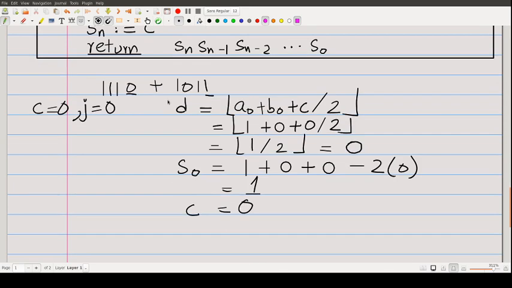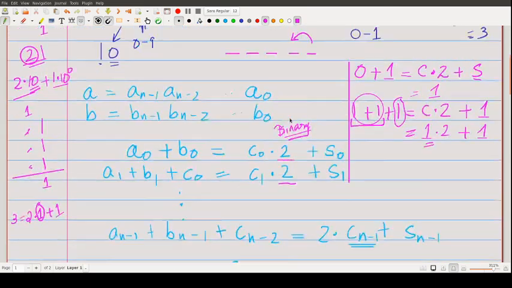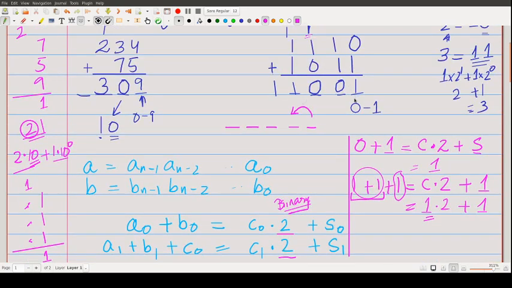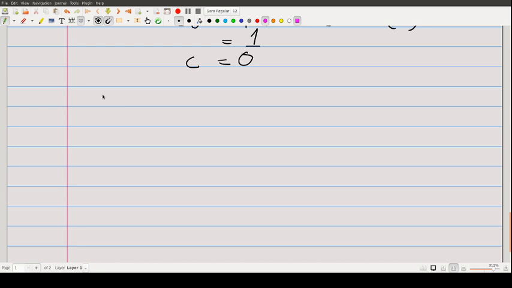Let's suppose the sum would be, this would be my S_0, this will be S_1, this will be S_2, S_3 and S_4. So you have all of these digits and you just print them out. So when the algorithm wants to print S_4, S_3, S_2, S_1 and S_0, it will just print out 1, 1, 0, 0, 1. That's it.